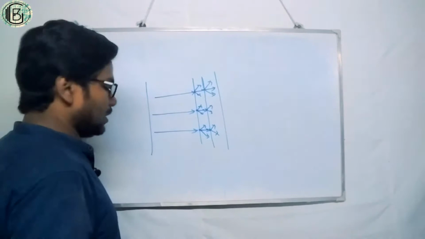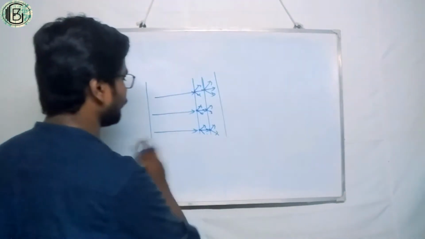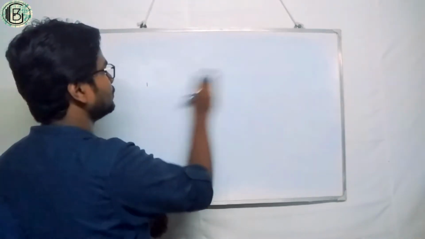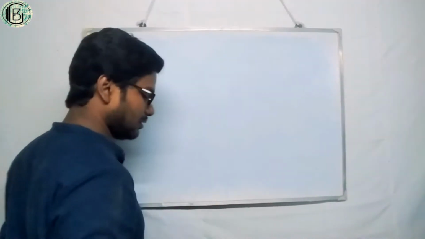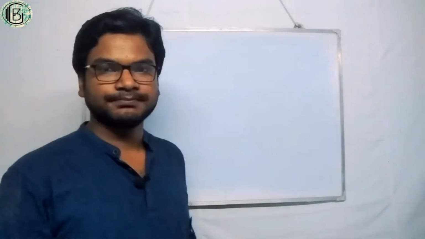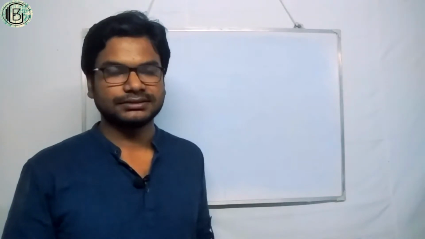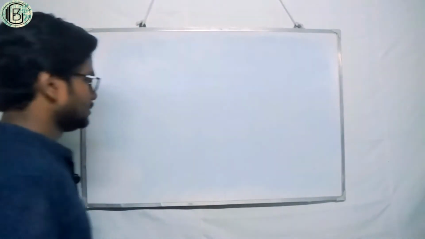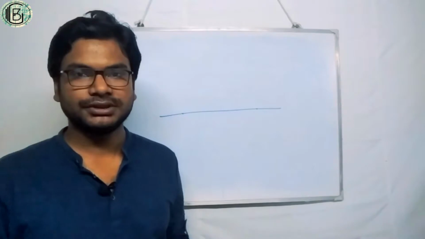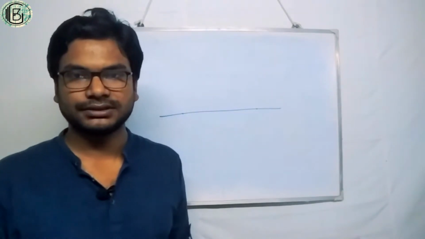Now, we will try to prove the law of refraction and the law of reflection using Huygens principle. So let us start. Let us start with the proof of reflection.